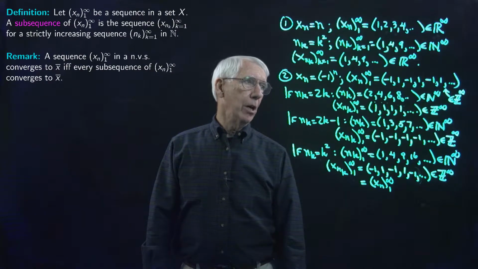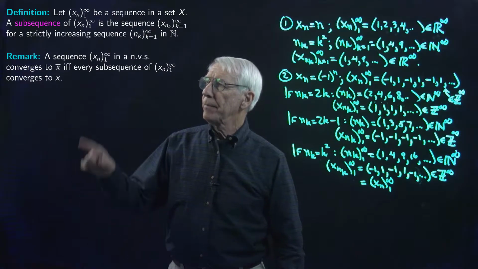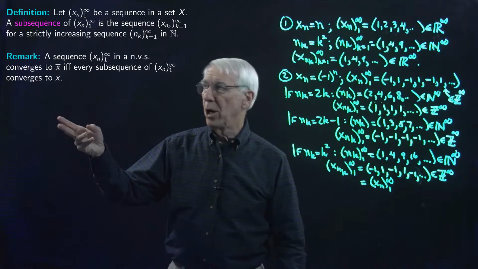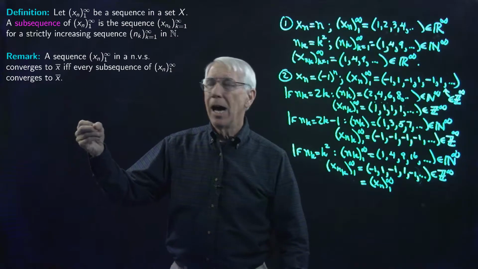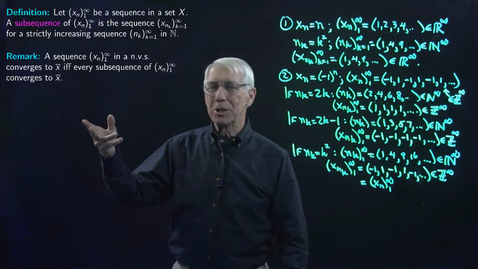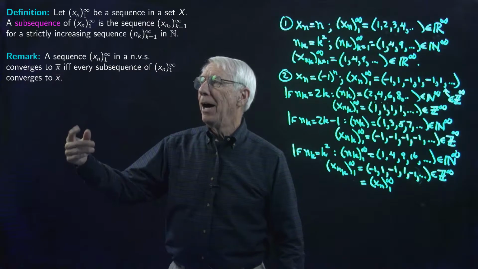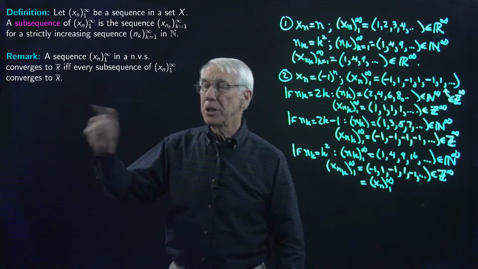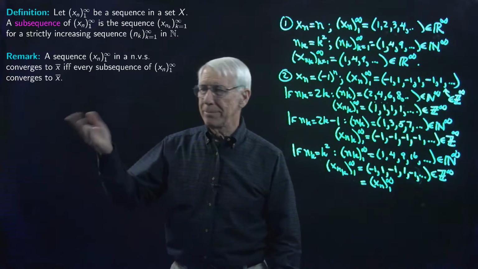And conversely, of course, if every subsequence converges to x bar, then the original sequence converges there, because the original sequence is, of course, a subsequence of itself. But the key thing here is that if the sequence converges, then every subsequence has to converge to the same point. Easy to show. Maybe I'll give that as an exercise, although I think it may be a little too easy for an exercise.